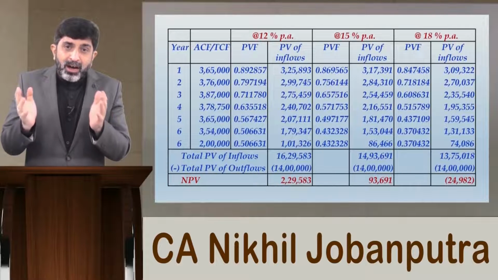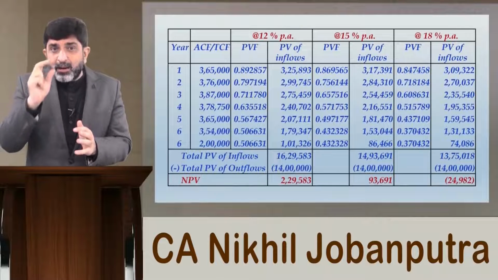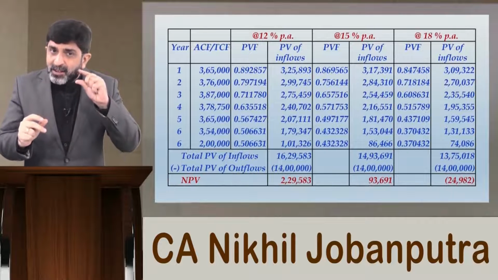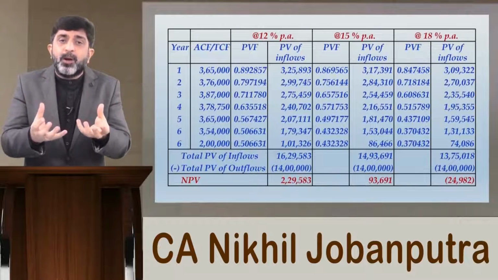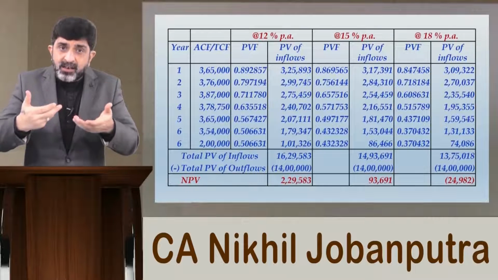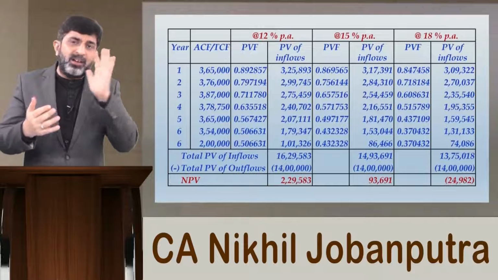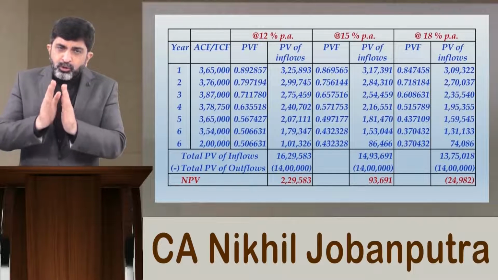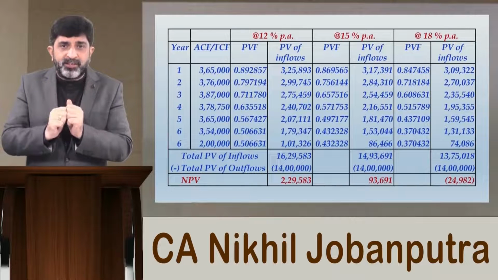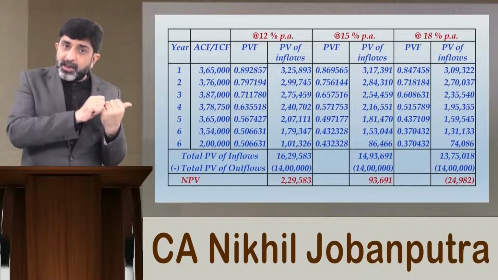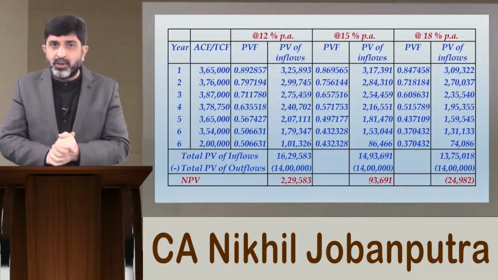So what is the real meaning of NPV? It is the present value of some surplus. Which surplus? A surplus that you would earn over and above your expected rate of return. So in this project, we initially had an expectation of 12%. We got a positive NPV at the 12% discounting rate.